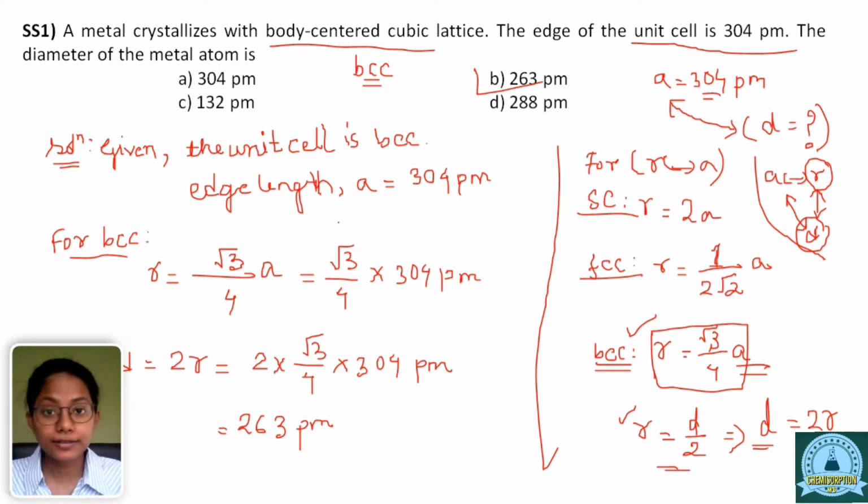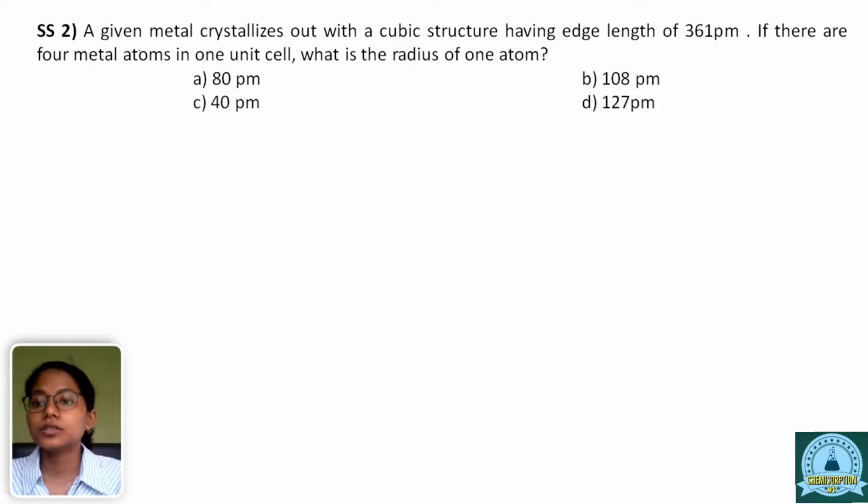So moving to the next question. Here it is given that a metal crystallizes with a cubic structure having an edge length of 361 picometer. So the edge length a is equal to 361 picometer.